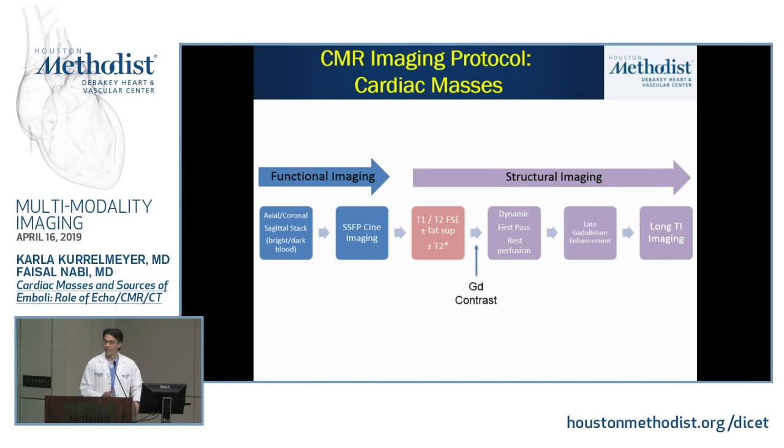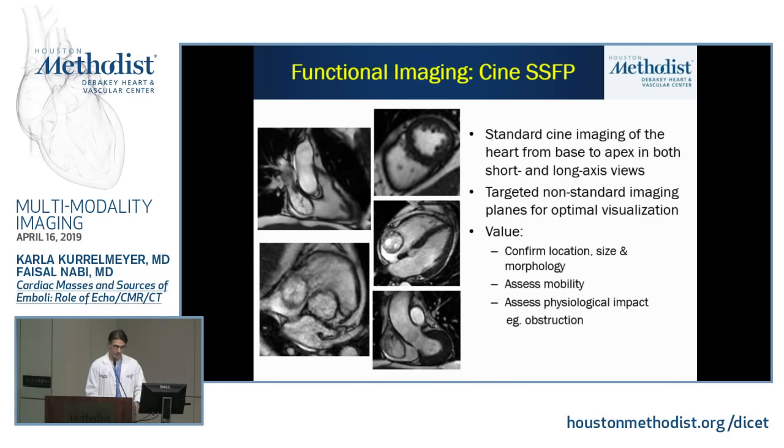We do that pre-contrast, with techniques such as T1 and T2 fast spin echo, and T2 star, looking for iron overload. Then we'll administer gadolinium, and we'll do further structural imaging of the mass with dynamic first-pass perfusion, late gadolinium enhancement, and long TI imaging. All of these, I'll describe to you what their strengths and advantages are as we go along with this talk.